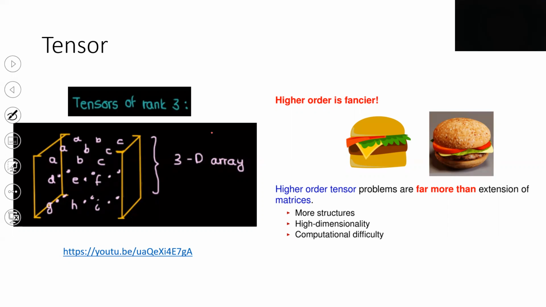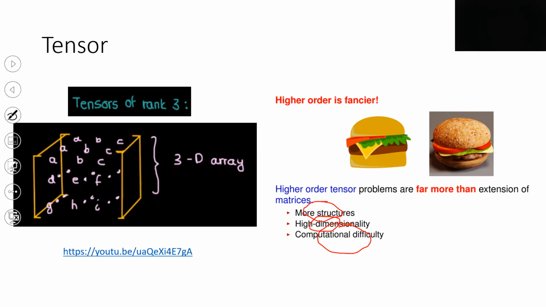The higher dimensionality in this data structure gives you more structure, but also more computation and more challenge. We're not very good at dealing with high dimensional matrices. It's okay, we have a spreadsheet to work on 2D, but for 3D it's difficult. And the tensor is not limited to 3 or 4.